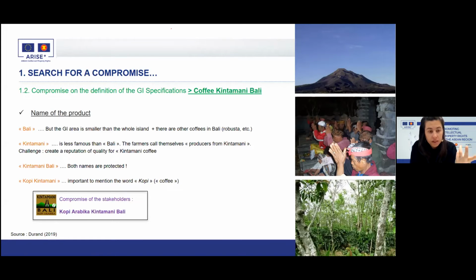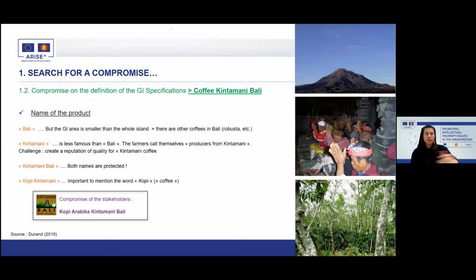And in the end, the compromise that was found by the stakeholders was to register the name Kopi Arabica Kintamani Bali. So it's a long name, but it was selected by them. So it was the name that they decided to keep.